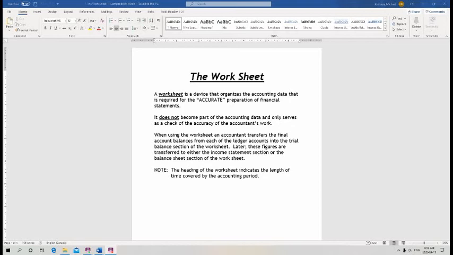Now, on this particular note, you'll see it says when using the worksheet, an accountant transfers the final account balances from each of the ledger accounts into the trial balance section of the worksheet. Later, these figures are transferred to either the income statement section or the balance sheet section of the worksheet. Now, you'll understand this paragraph a little bit more when we get through an example of a worksheet. So don't panic yet, okay? An example's coming your way.